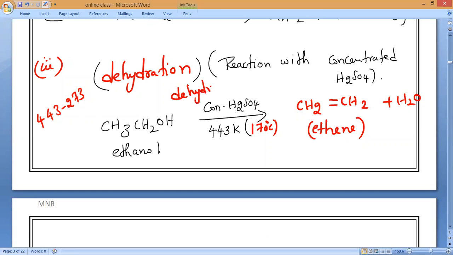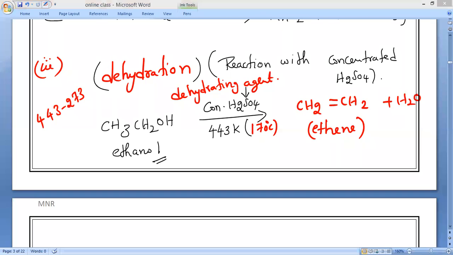The dehydrating agent removing water from ethanol is sulfuric acid. So this is the reaction that takes place. Excess concentrated sulfuric acid results in the dehydration of ethanol, and it will give ethene. All of you should remember. Clear?